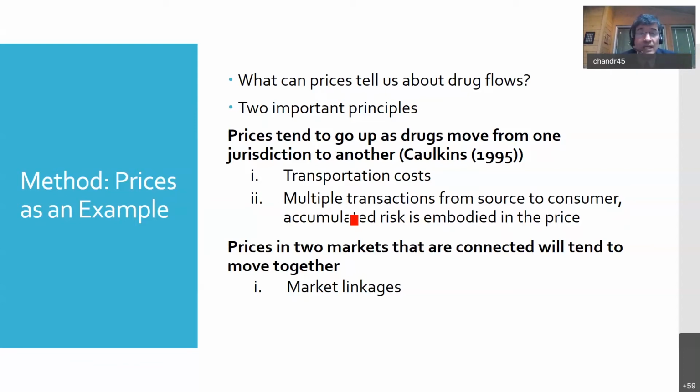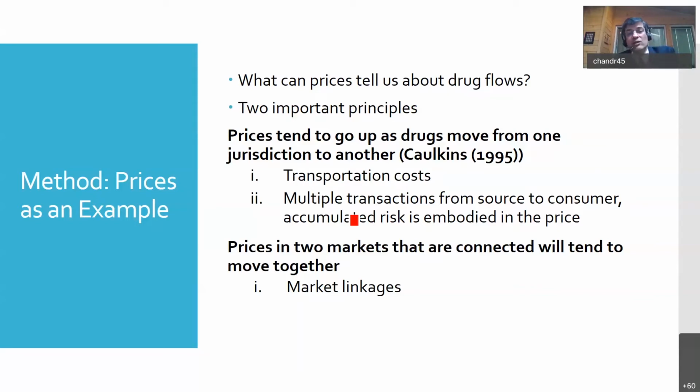In addition, we know from some research by Jonathan Caulkins at Carnegie Mellon University that as a drug moves from the producer to the end consumer, it usually undergoes a series of transactions, right? That series of transactions involves progressive marking up in the price, but also the accumulated risk. With every transaction comes a risk that the goods, the drugs in this case, may be lost, and that risk tends to get built into the price as well.